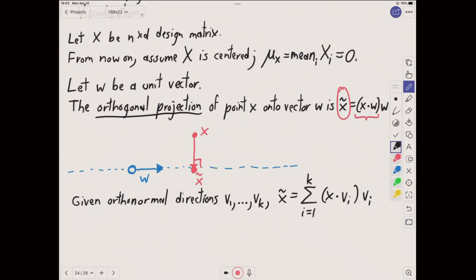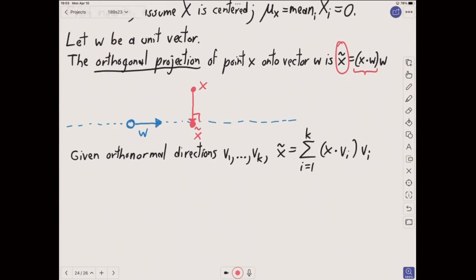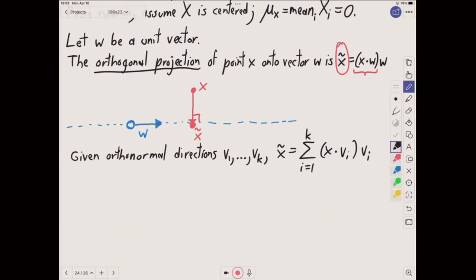So each principal component will make a contribution to our projected point along some direction, and those directions are orthogonal to each other, so we can compute these independently. The intuition for this is you should imagine that there is some plane, for instance. Let's suppose we've got two principal directions.